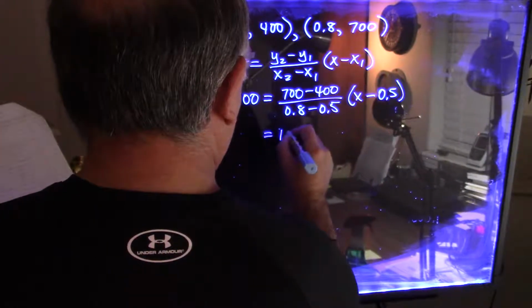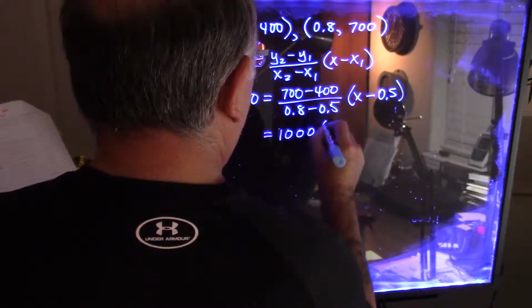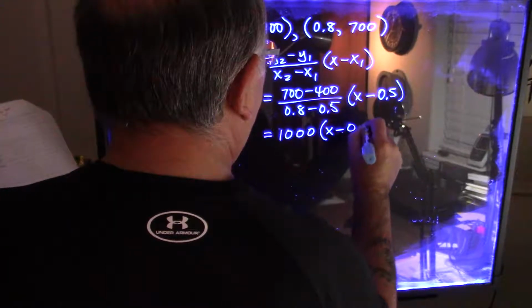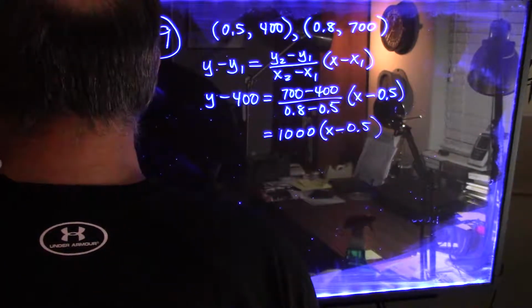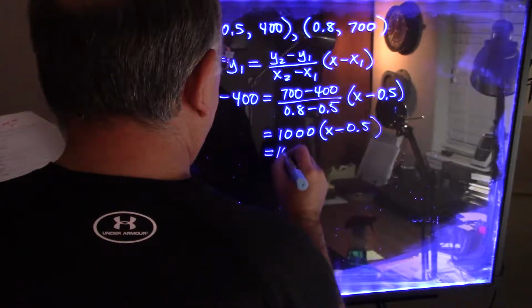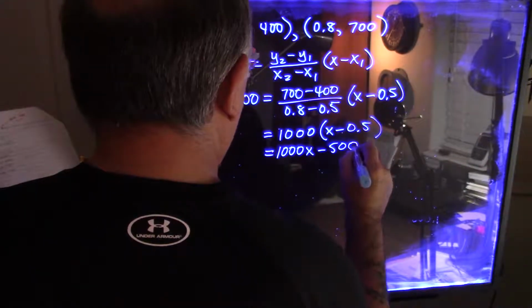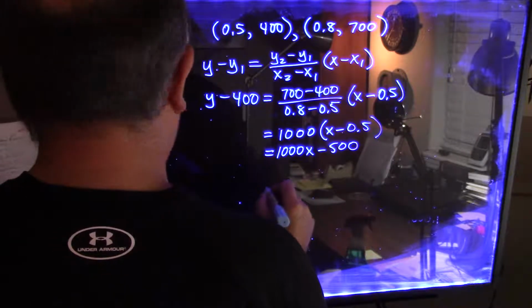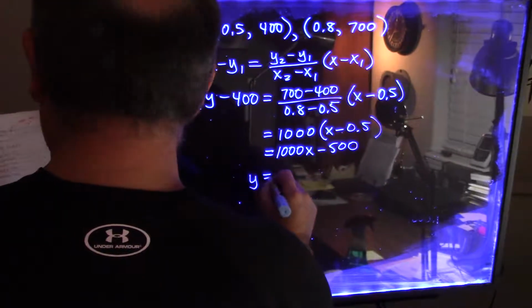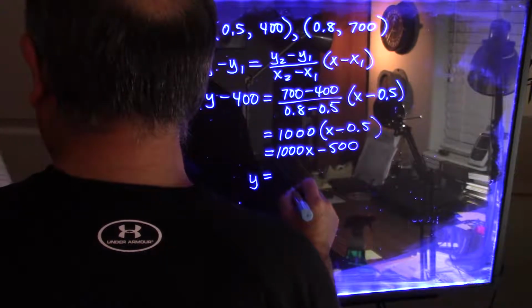So we've got 1,000 times x minus 0.5. Distribute, you've got 1000x minus 500. And then add 400 to both sides, so you've got y equals 1000x minus 100.